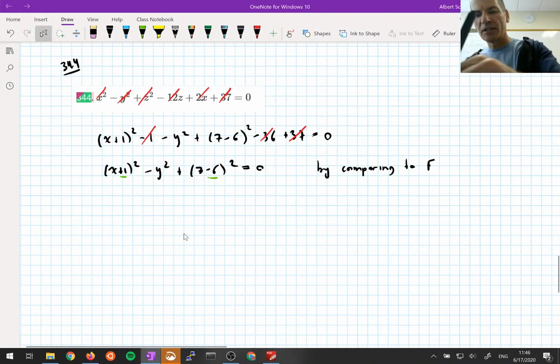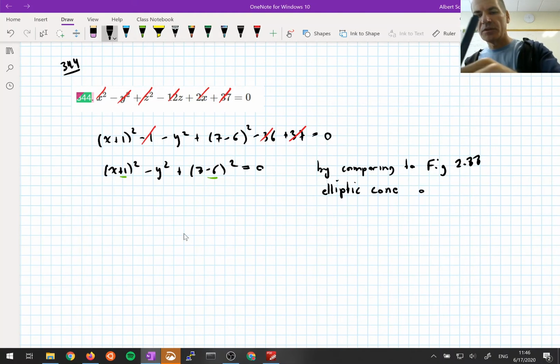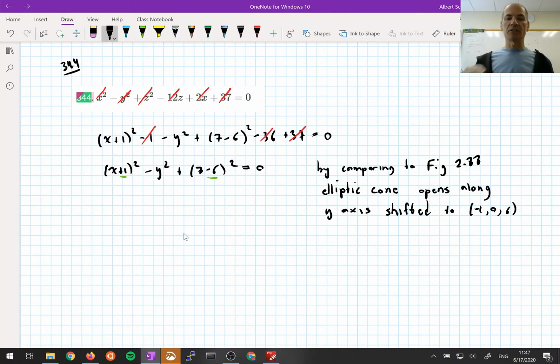By comparing to fig 288, we see that this is an elliptic cone, and it opens along the y-axis, and it's shifted to the point -1, 0, and 6. It's shifted to the point -1, 0, and 6.